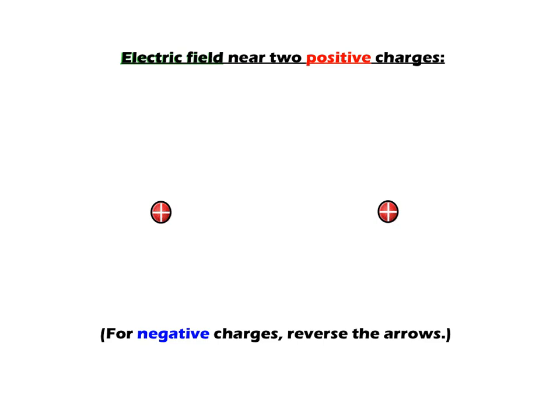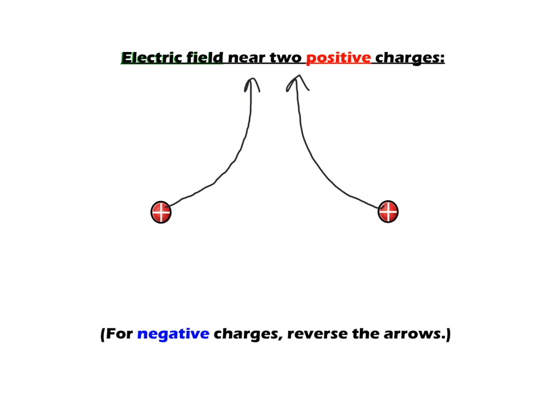So what I mean by that is if I start an electric field line, let's say this would start going off like this, but what's going to happen is that electric field is going to get curved because it's going to be repelled away from this positive charge over here. And the same thing is going to happen on this side. This should just be going up and to the left, but it winds up curving away like this because this electric field is being repelled away, or more importantly, I guess, this charge is being repelled away by this one.